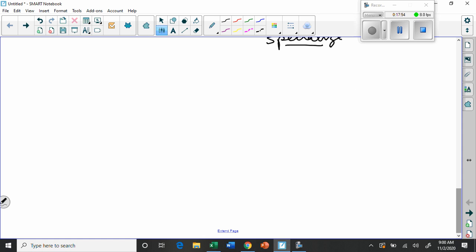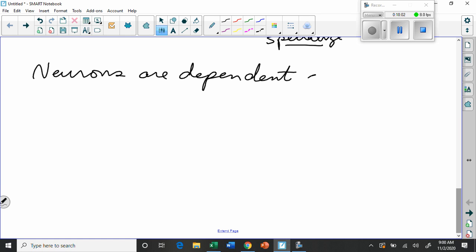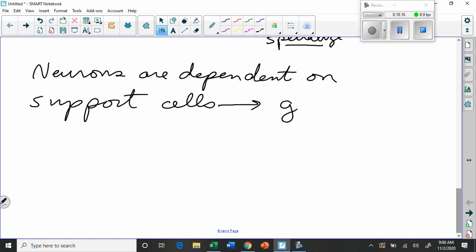So let's just say that neurons are dependent on support cells, other cells that have to live and grow near them to maintain their function. And these cells are generally called glial cells.